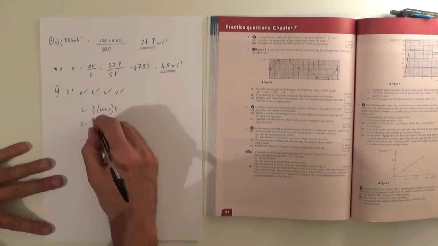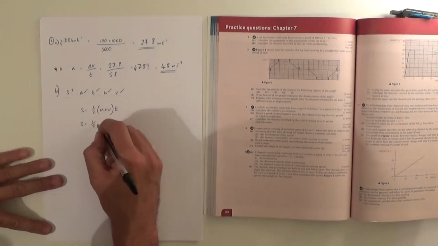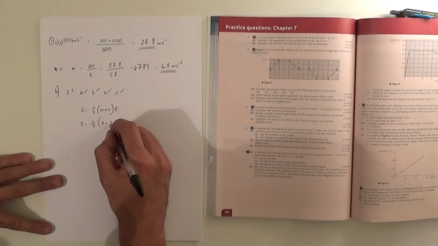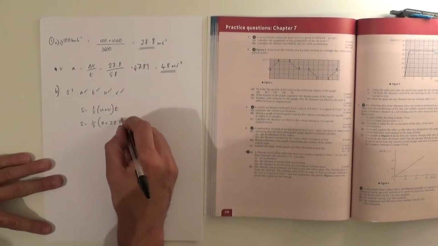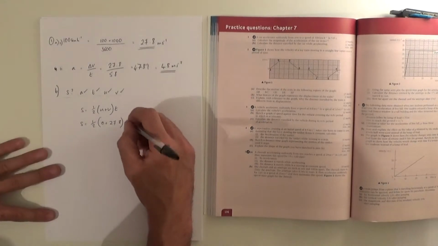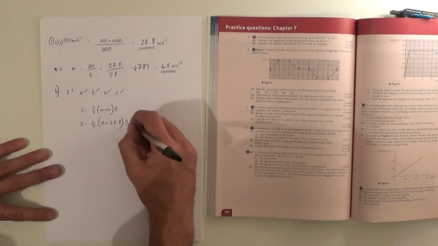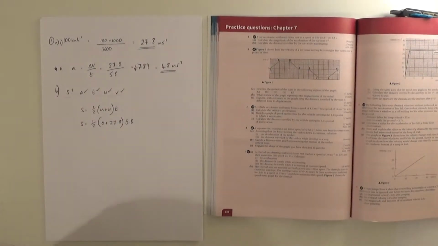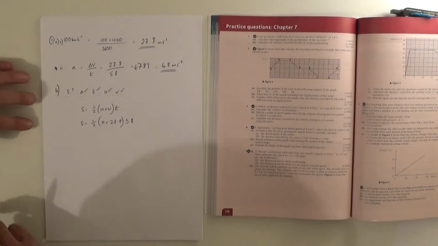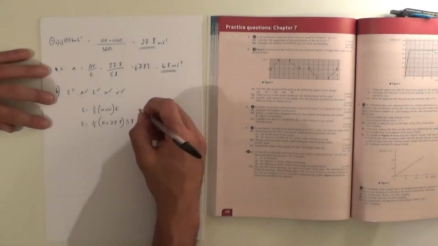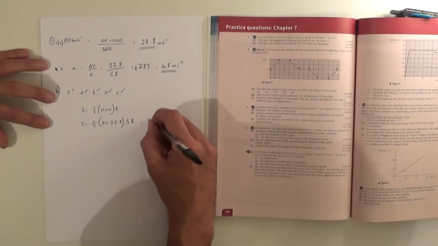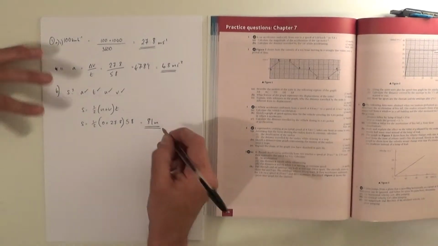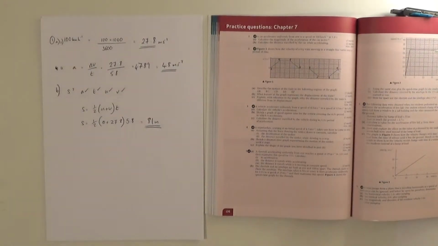So we put in a half times 0 plus 27.8, times the time, which was 5.8 seconds, and that will give us 80.62, or 81 meters. That's question number 1.